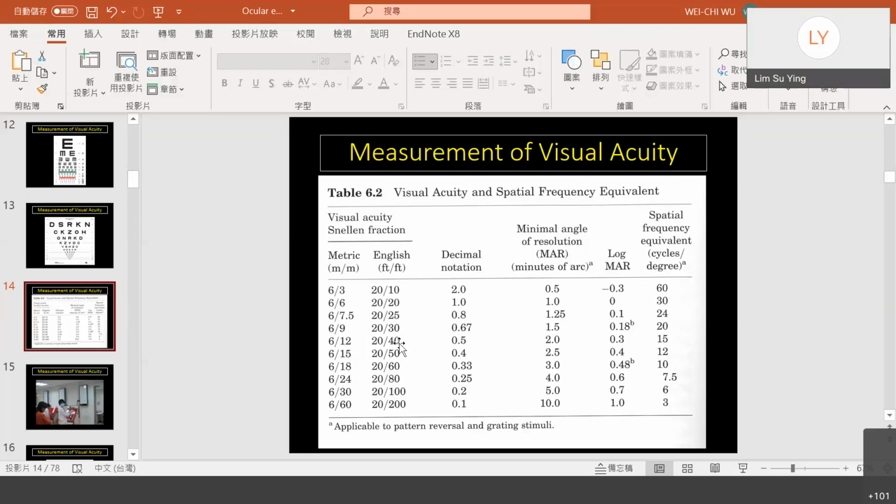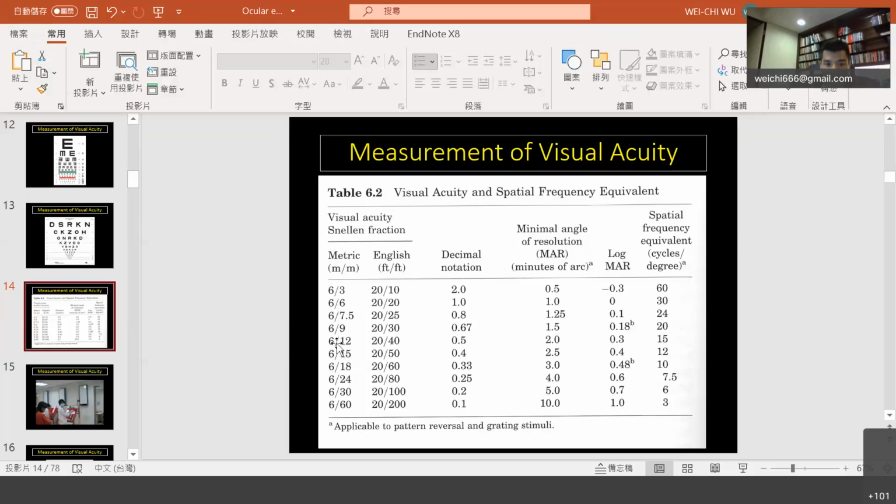Very good, very good. So 6/6 actually means that normal people could see the object at a distance of 6 meters, and you could also see that object at 6 meters.